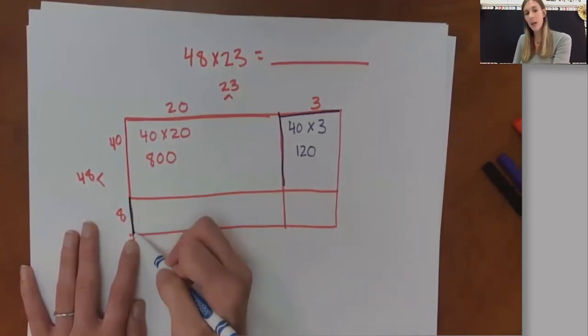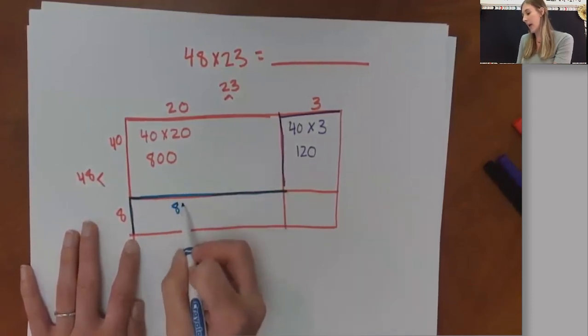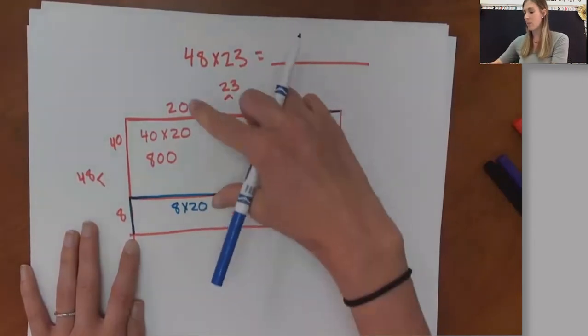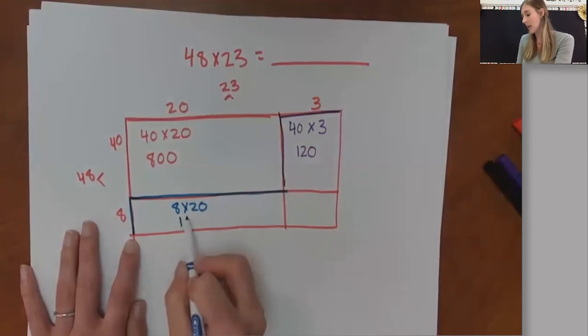Our length here is 8. Our width is 20, so 8 times 20. Got my 20 from here. 8 times 2 is 16, so 8 times 20 is 160.